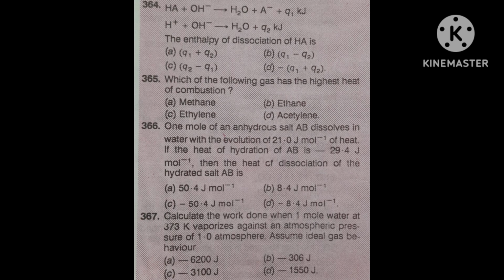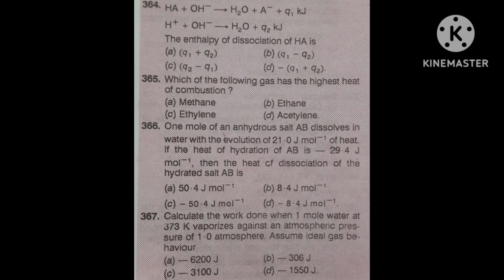Now the third concept: you have to calculate work done. Work done is equal to pressure into change in volume. Now you understand why you calculated the volume. Because work is going to be done by the system, the sign will be minus. Work will be minus P in bracket V2 minus V1.